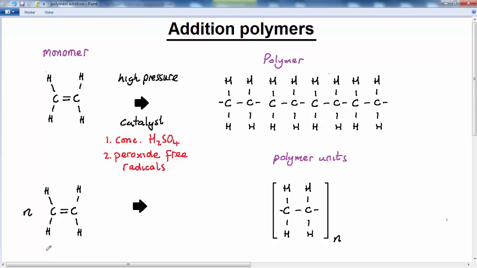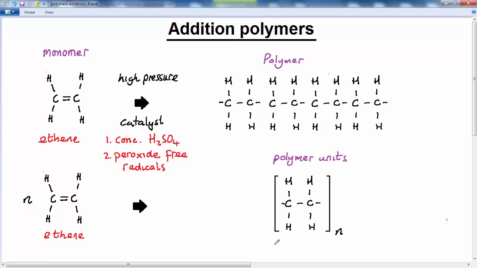The monomer in this case is ethene, and so the polymer is called polyethene. Poly means many, so that's many units of ethene, commonly known as polythene, which is used to make plastic shopping bags. The type of polymers used in this type of bag can have anything up to 10,000 polymer units in a chain. So n in this case could be up to or even greater than 10,000.